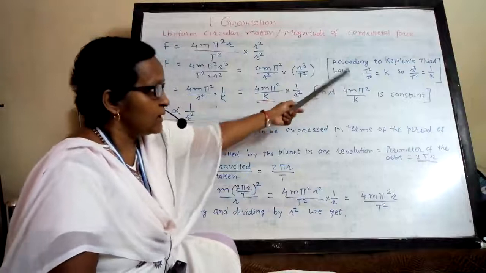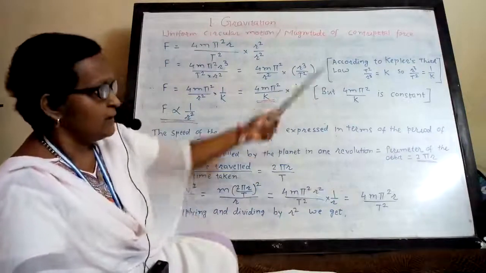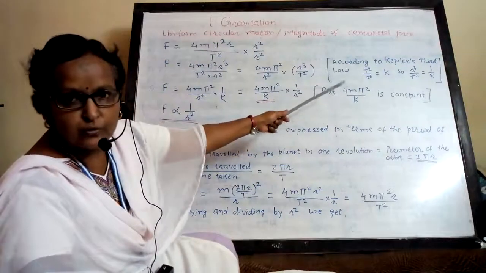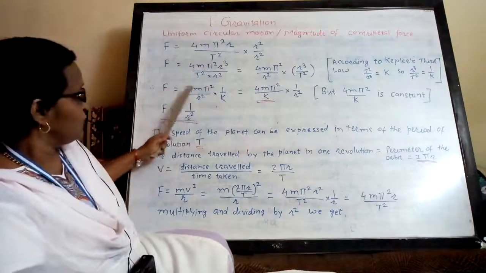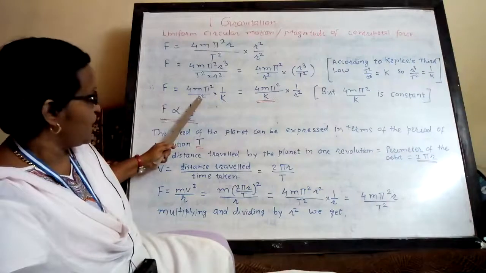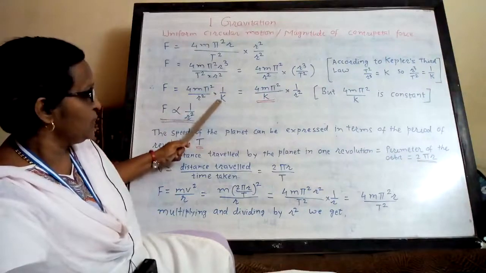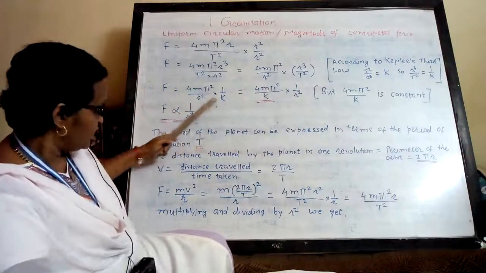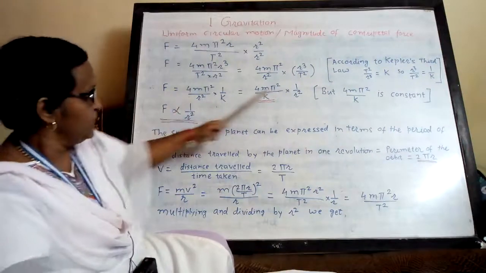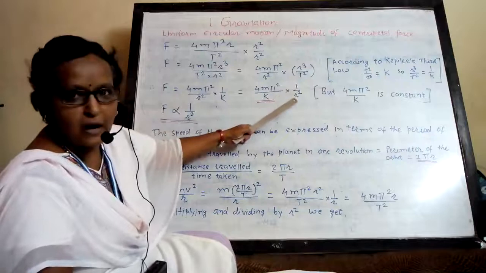As t squared upon r cubed is equal to k, r cubed upon t squared is equal to 1 upon k. So F is equal to 4m pi squared r squared into 1 upon k, that is 4m pi squared upon k, only a rearrangement, into 1 upon r squared.